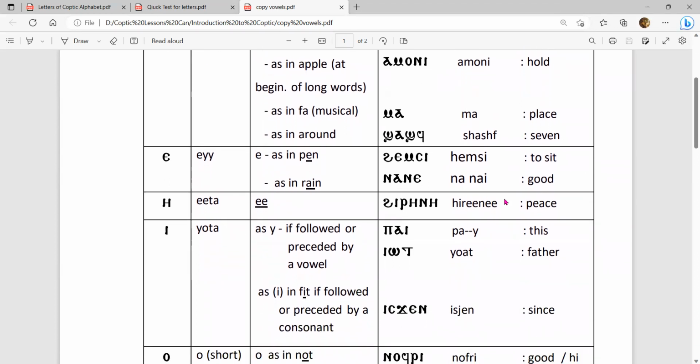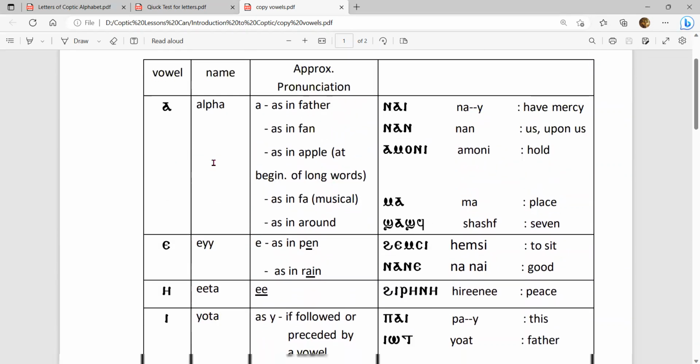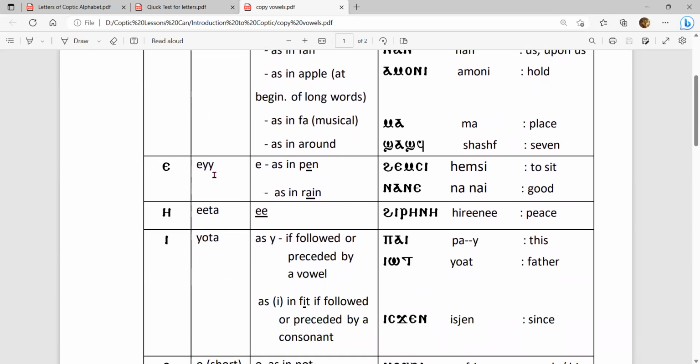Okay. The next one here, the eta-like letter, written in English as A. We have two pronunciations. The first one is like the E in pen.